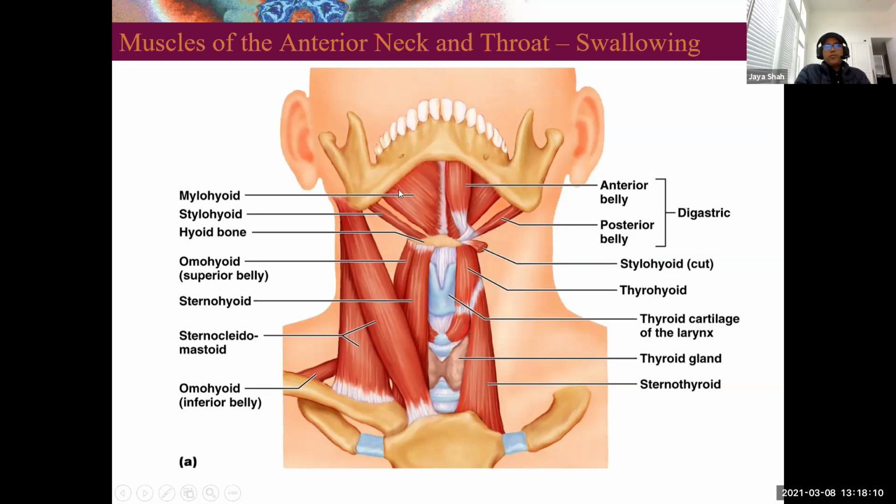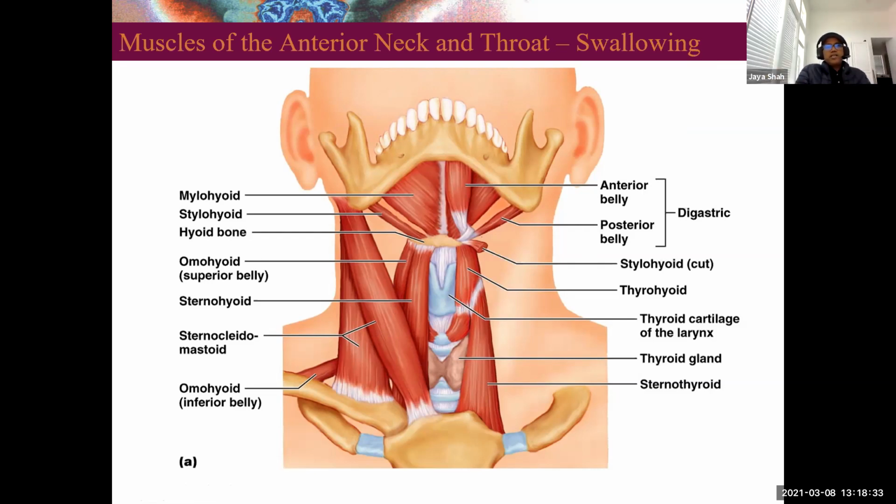Anterior to the sternocleidomastoid, you draw a line, the midline here, and then you have the sternocleidomastoid. So this area is the anterior triangle, and posterior to this area of the neck is the posterior triangle. Both sides have anterior and posterior triangles. The boundary is the sternocleidomastoid. We're going to see that later.